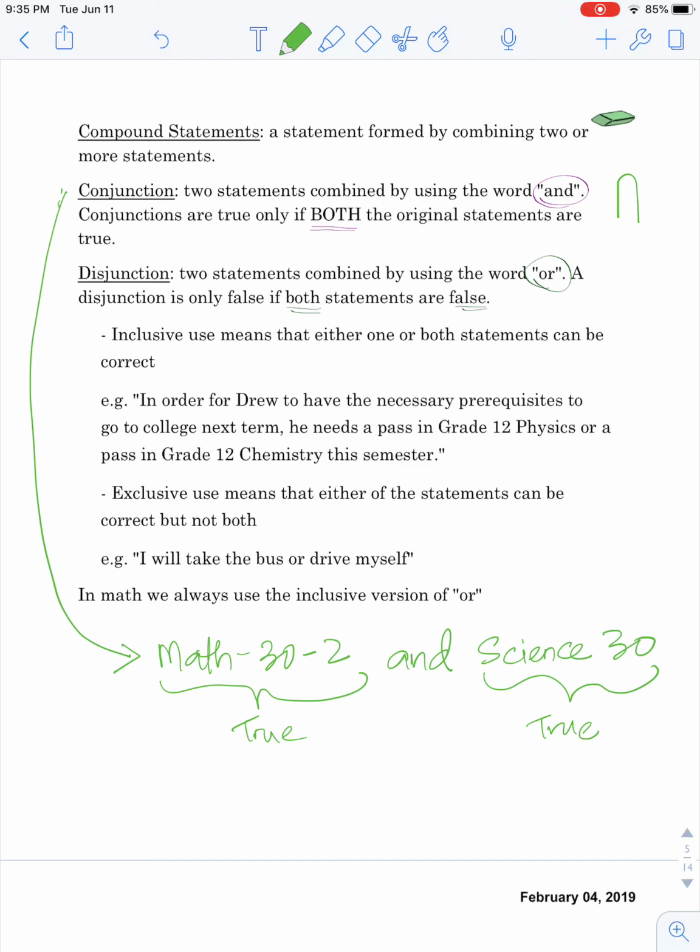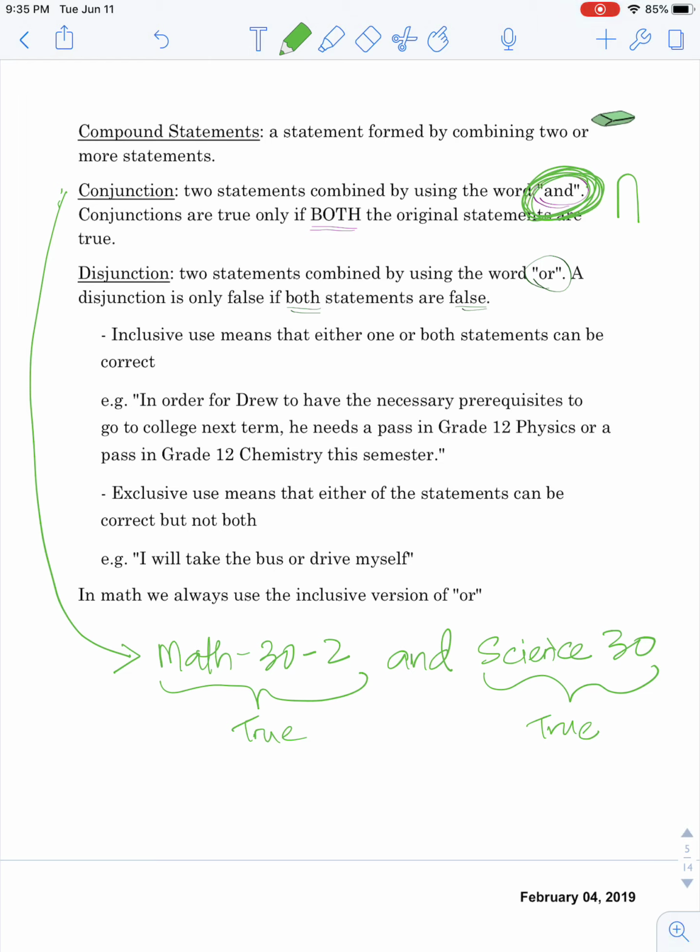If either one is false, meaning you don't pass, you're not going to satisfy that condition, meaning you're not going to get into nursing. Okay, so that is the key thing about the word and. Pay special attention to that.